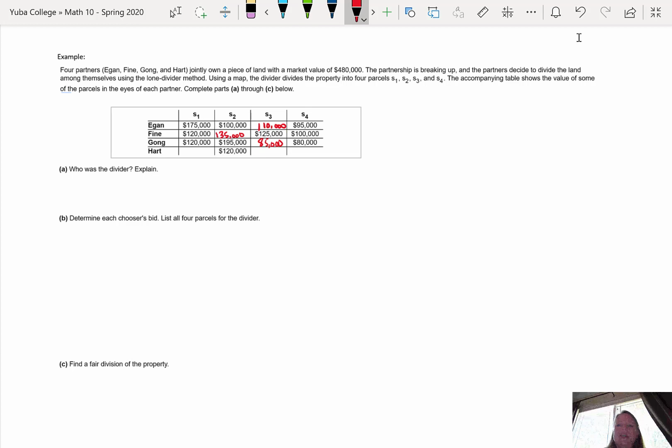There are 4 partners. The land, the assets, divided by the number of splits, equals our fair share amount.